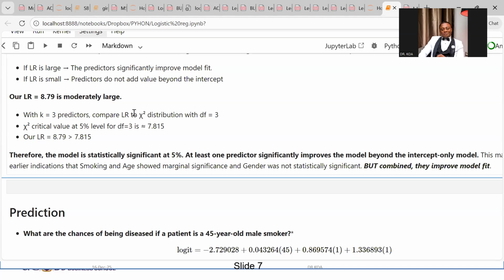So if you compare the log likelihood to the chi-square distribution with 3 degrees of freedom, you will note that at the 5% level, it is going to be 7.8. Now, the one we had was 8.79, which is bigger than the critical value of 7.8.